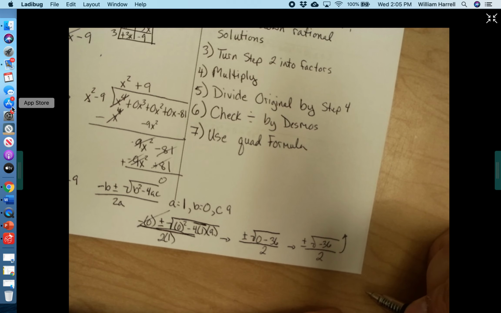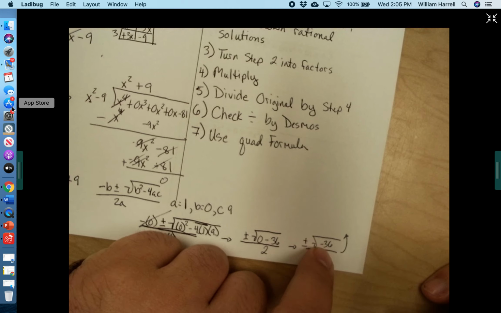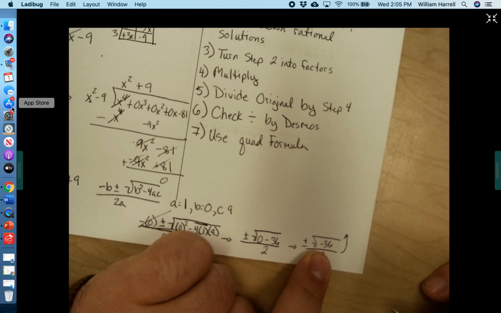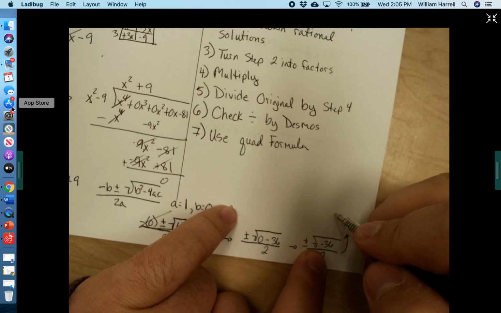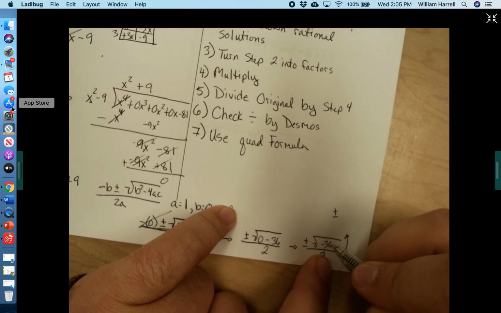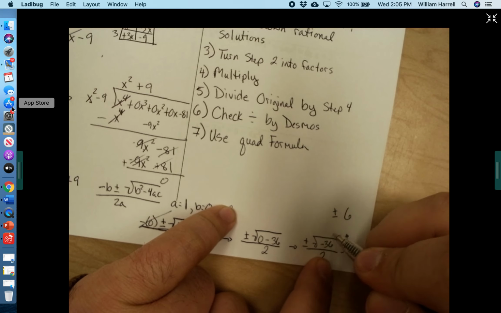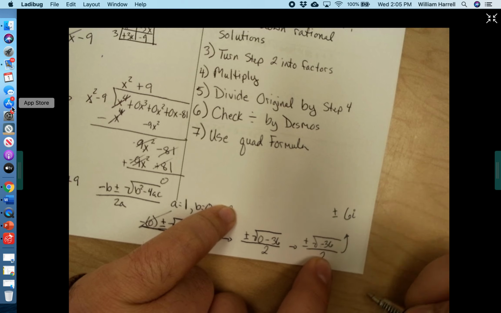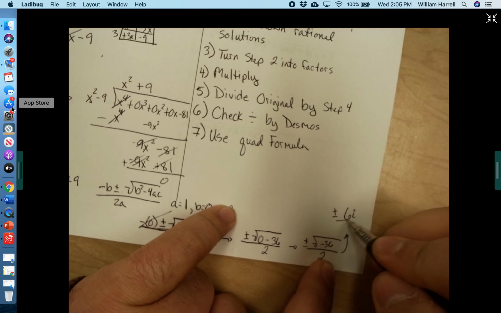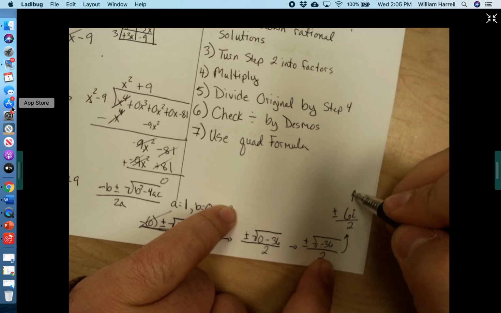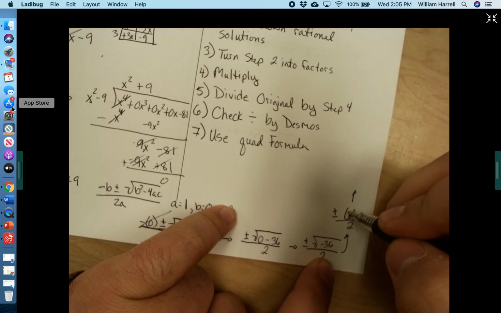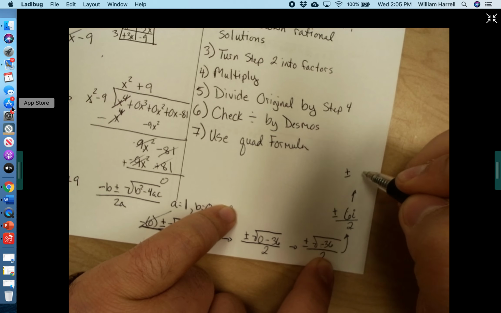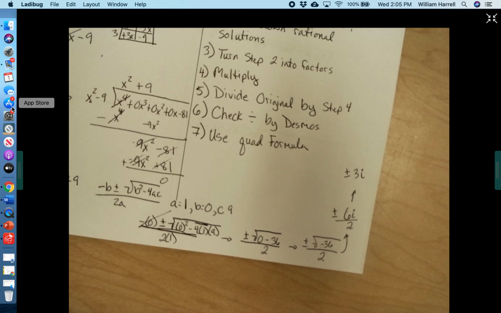And this is why you have to have a calculator. Eventually we have to think back to math 2. When you have negatives inside the square root, it's really i's. So plus or minus square root of 36 is 6, but when you have a negative, it's going to be an i. Divide that by 2, and now you can do numbers divided by numbers: plus or minus 3i.